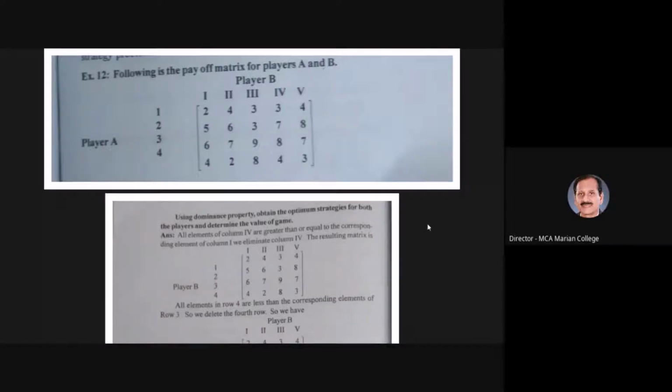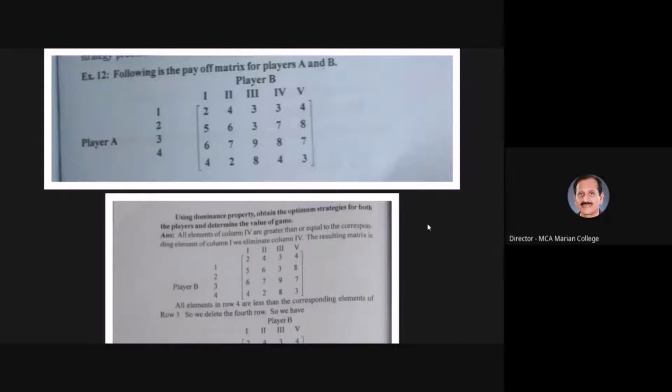The first rule is, if the values of a particular row are less than or equal to the corresponding values of another row, you can discard the former one. I will give you an example here.